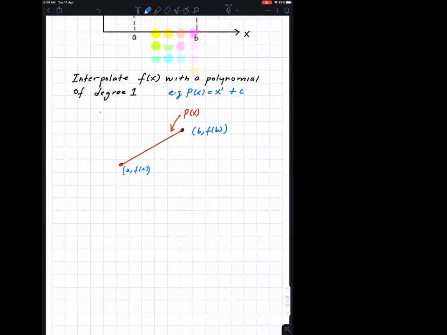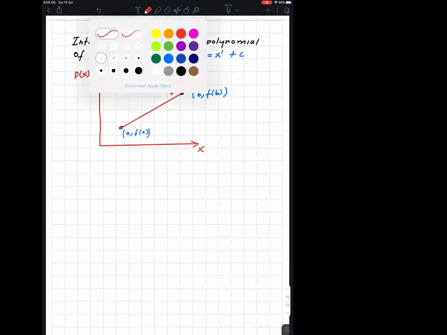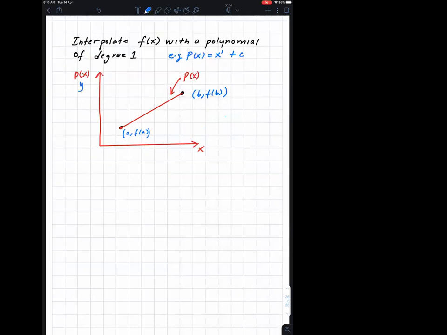For now you can assume this is x, and this is p(x), just like saying y(x).